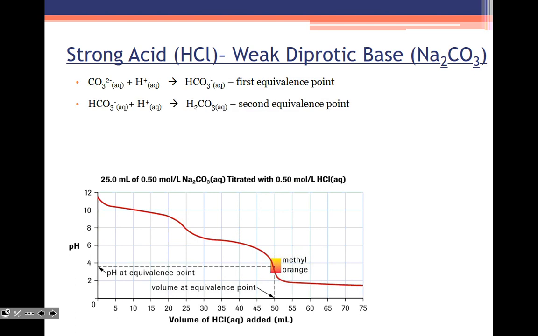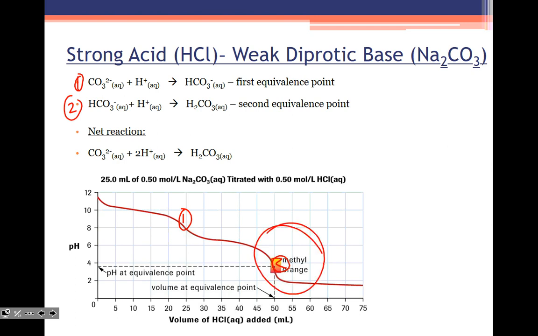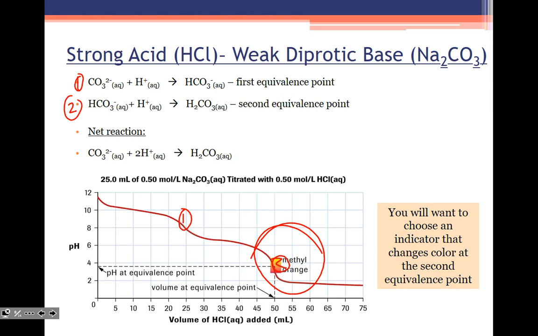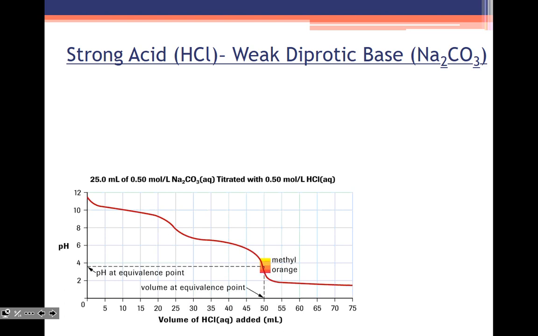There's the diprotic base reacting once, reacting twice, and it's just telling you that this reacts 2 times. 1 and 2. And when you're picking an indicator, you always have to pick the indicator for the second reaction, okay, kiddos? You will want to choose an indicator that changes color at the second equivalence point, but I'll show you how to pick indicators in just a bit.